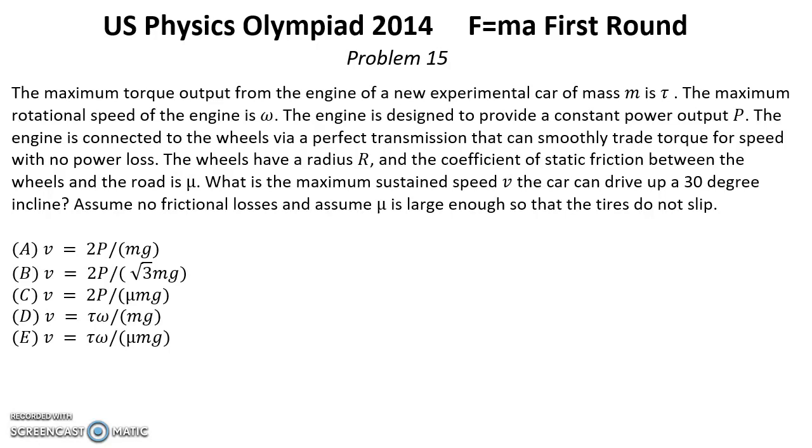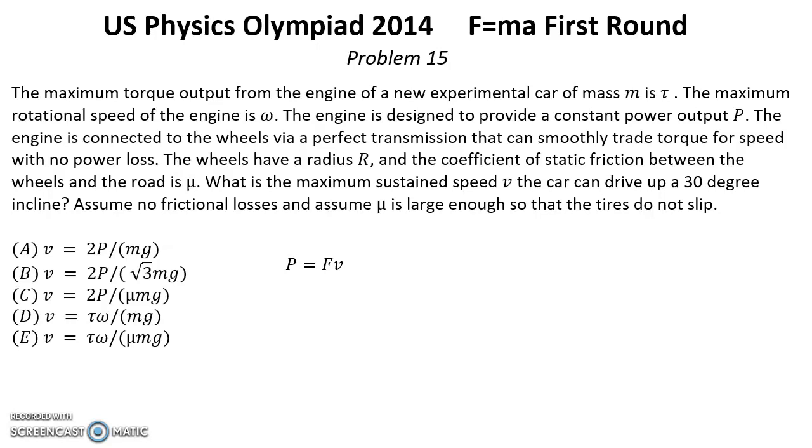Solution. The main idea is a formula for power. If the force between wheels and incline is F and the speed of vehicle is V, power will be force multiplied by speed. In our case, incline is 30 degrees.